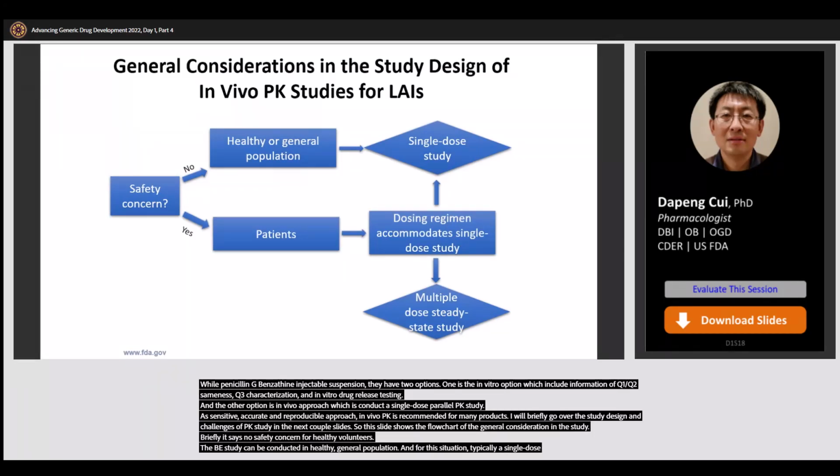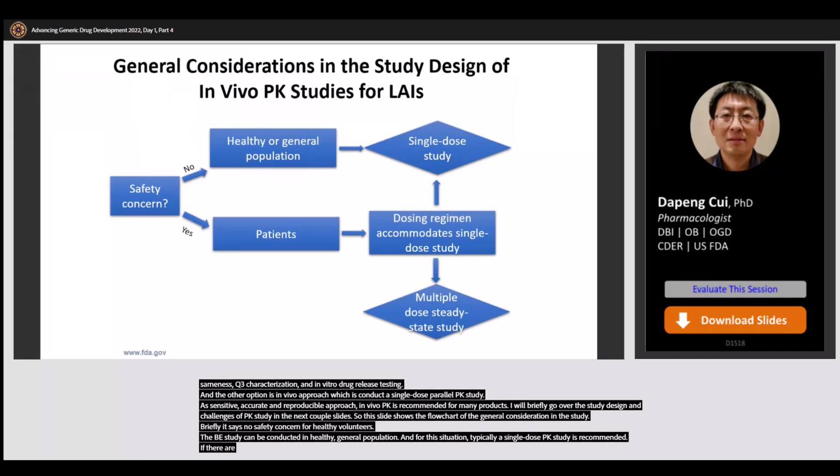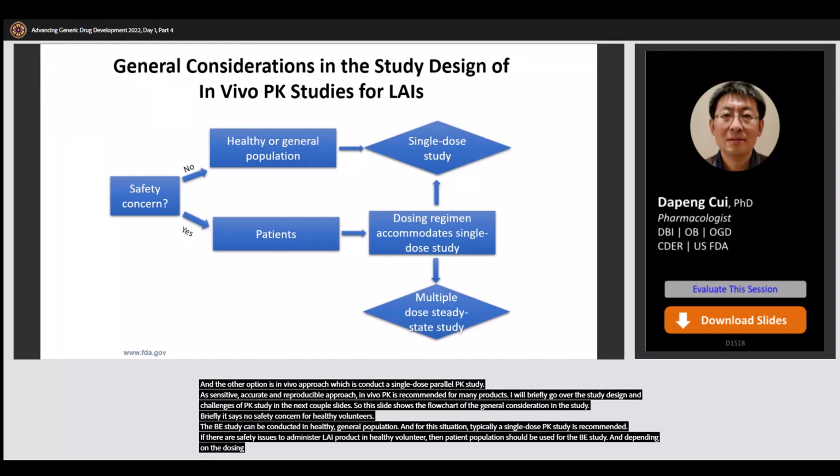If there are safety issues in administering an LAI product to healthy volunteers, then a patient population should be used for the BE study. And depending on the dosing regimen of the specific LAI product, either a single-dose PK study or a multiple-dose steady-state study is recommended.